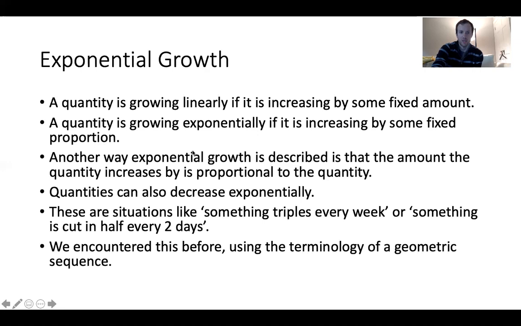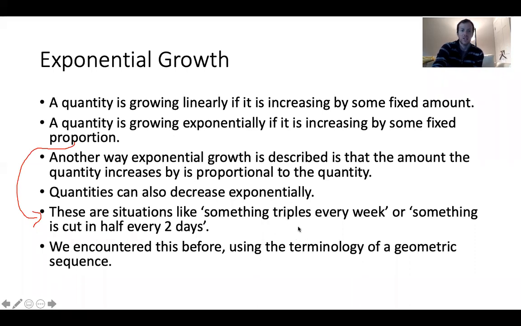Something grows exponentially if the quantity is increasing by some fixed proportion. So, a little out of order, the proportion part is something like it triples every day, or triples every week, or is cut in half every 2 days.